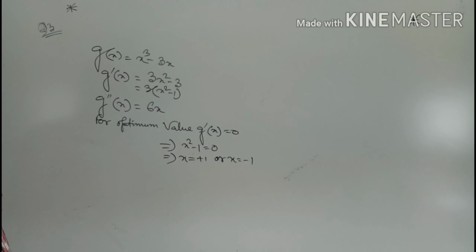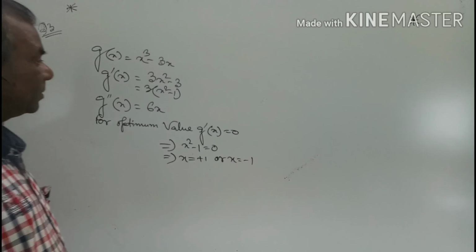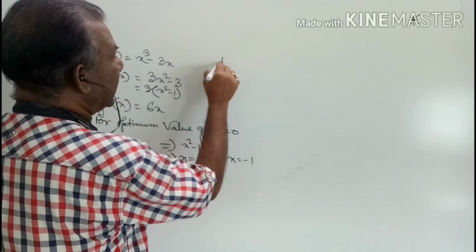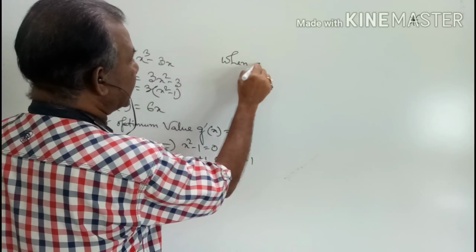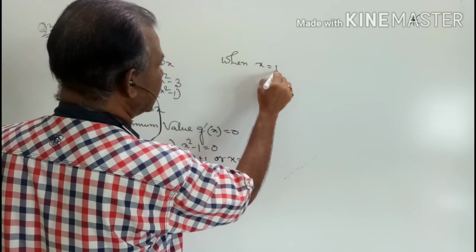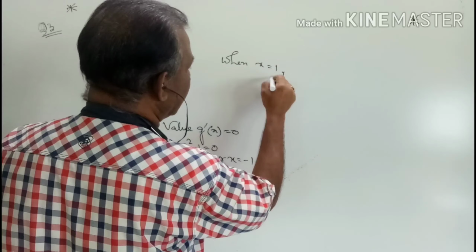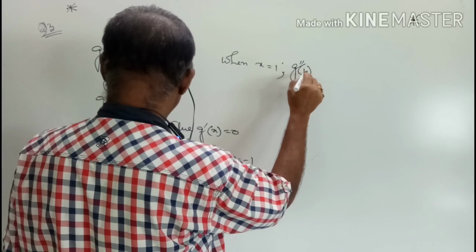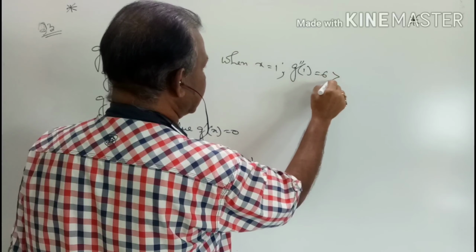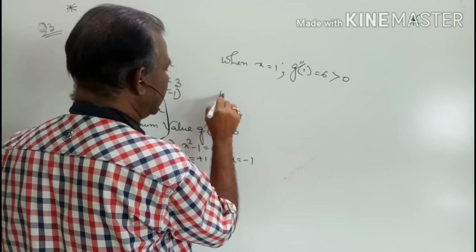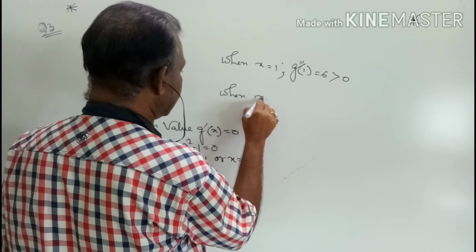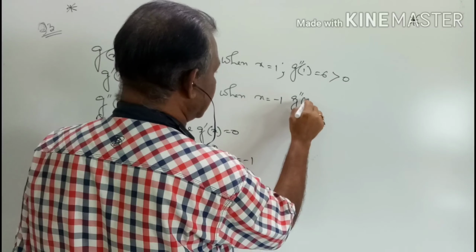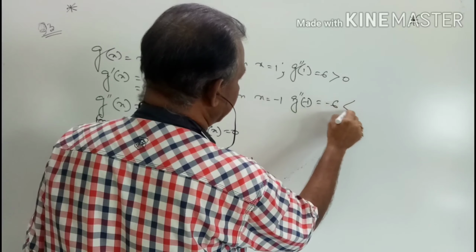Now you see that when x equal to plus 1, g double dash 1 equal to what? 6, which is greater than 0. And when x is equal to minus 1, g double dash minus 1 equal to minus 6, less than 0.